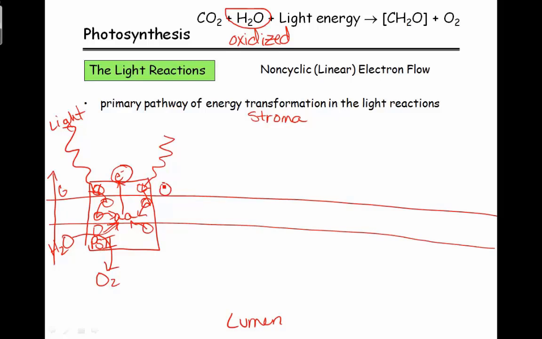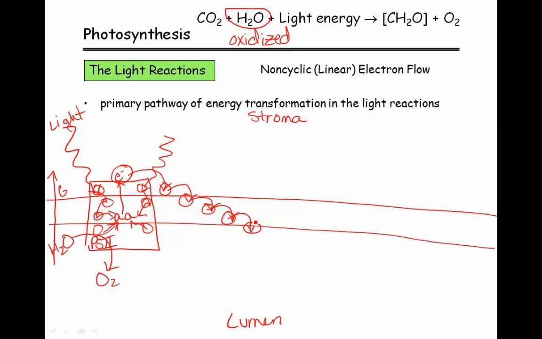So we will have a collection of molecules embedded in this thylakoid membrane that make up an electron transport chain. So through a series of redox reactions, we will pass that electron down the electron transport chain, and notice at each redox step that electron will be losing a small amount of energy.